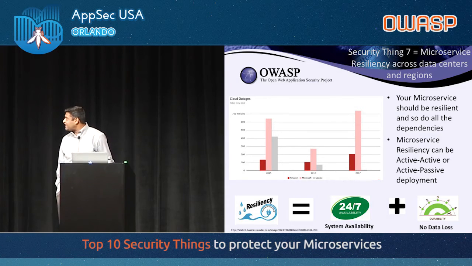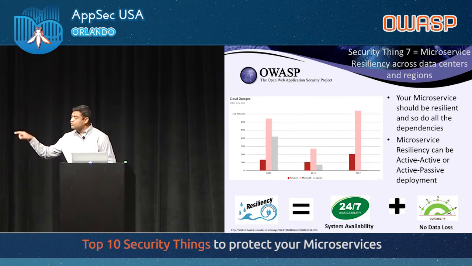From a resiliency perspective, first of all, whether you're in a data center environment or a cloud environment, you need to make sure that you are in multi-region. So if that region goes down, you can quickly move your traffic to the other region. There are a couple of patterns for that: one is active-active, and the other is active-passive.